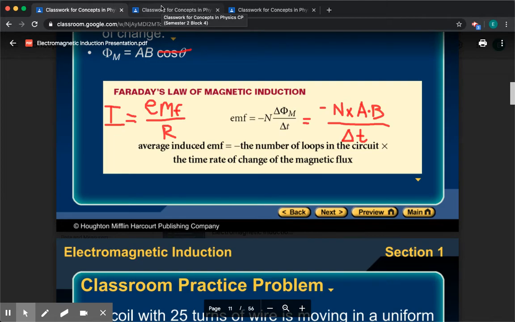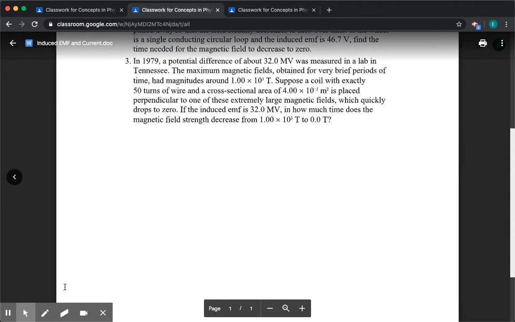So when you get t by itself, you get that t is equal to negative n times the change in either the area or the field strength.